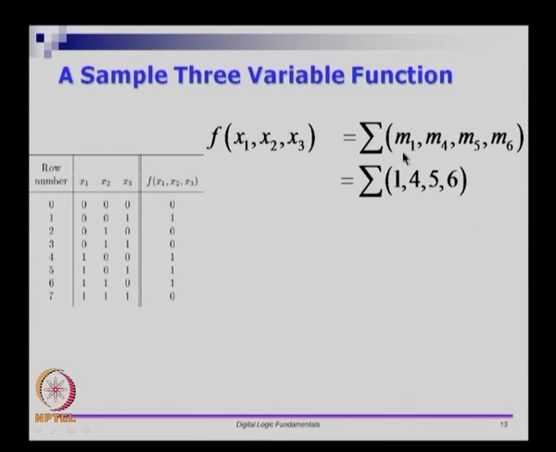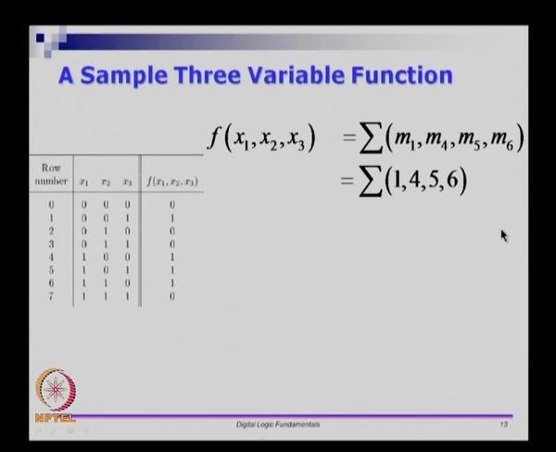So that is the sigma of m1, m4, m5, m6, and I told you that whenever there is a sigma and a small case m, you can implicitly drop m there. So it is the sum of row 1, row 4, row 5 and row 6.